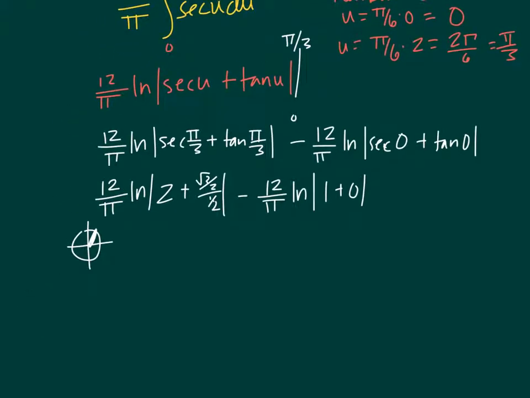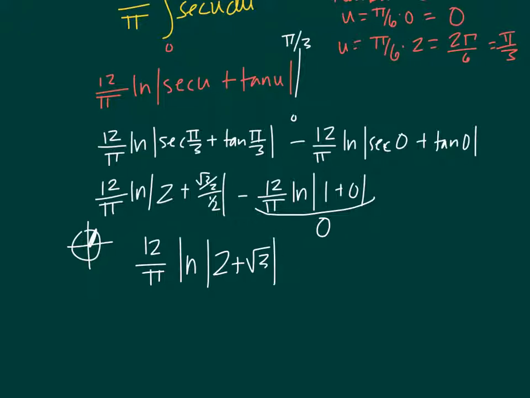So surprise, surprise, we have our favorite natural log of 1. So that whole thing, the natural log of 1 is 0, and 0 times 12 over pi is 0. So that whole thing is 0. This is 2 plus the square root of 3. And I think that's actually it.